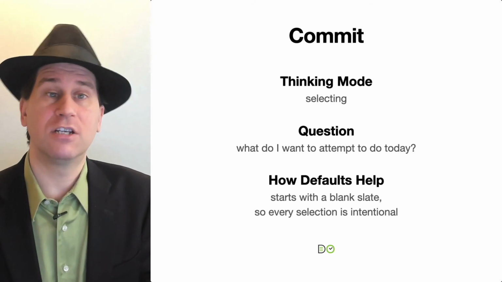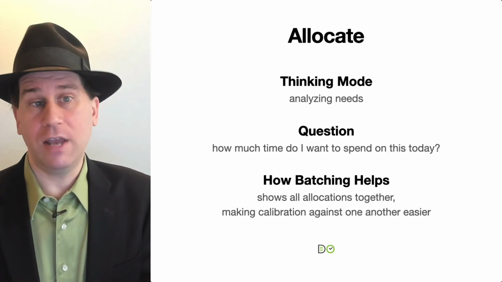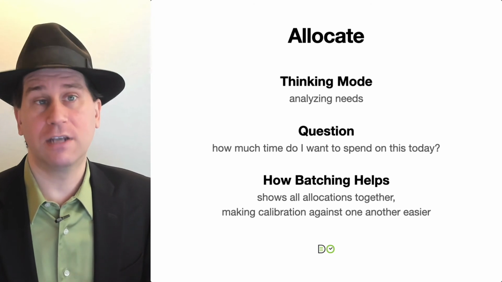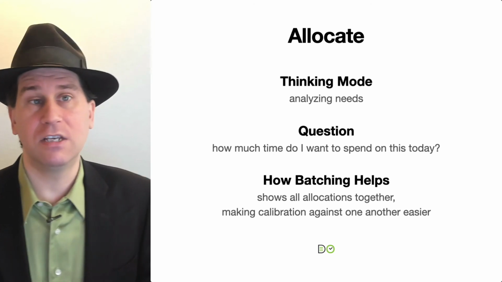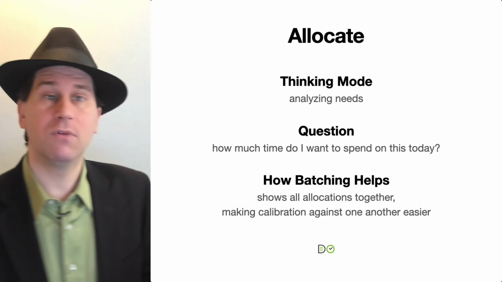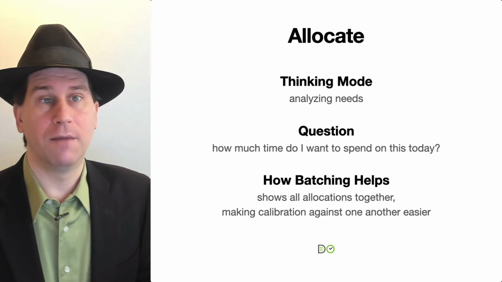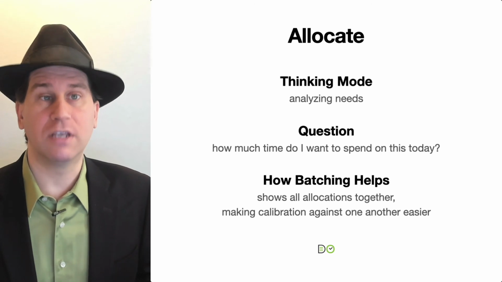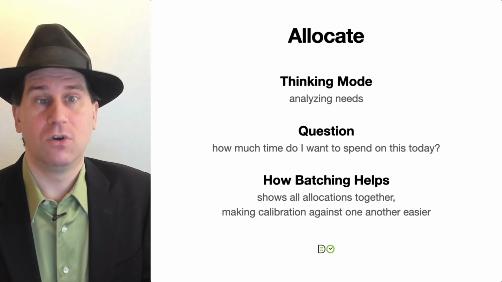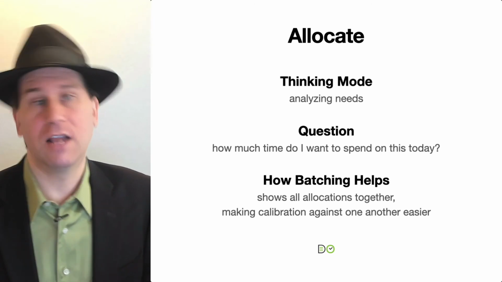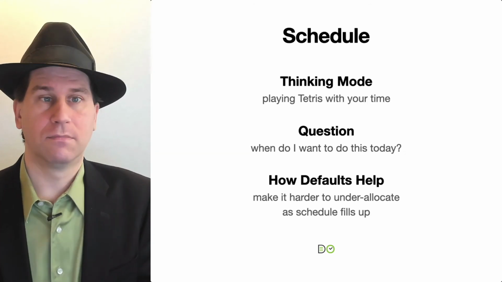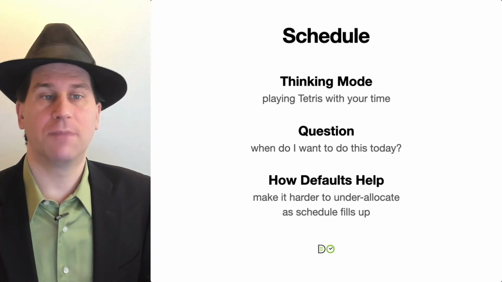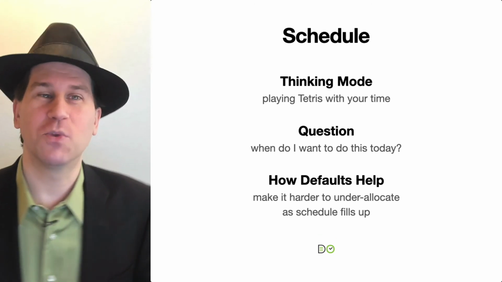And then on the next step, allocate, we're analyzing our needs. How much time does each of these actually require? How much time do I want to spend on it today? And by showing these all together, by batching them, we can see all those allocations and calibrate against them much more easily.